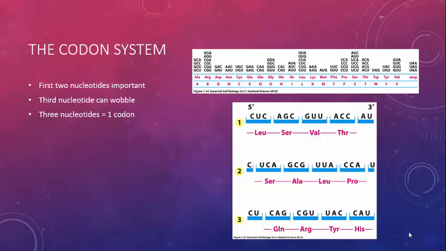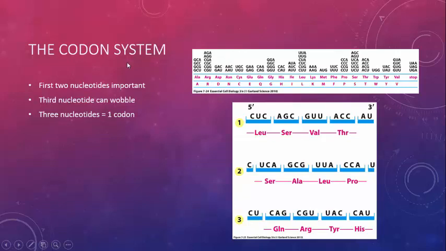I am sure that at some point in your scientific experience, you have had to take an RNA code and create an amino acid sequence from it using a specific chart that shows you how the two come together. In these kinds of charts, like the one you see here, the first two nucleotides are very important in determining the amino acid that should be added to the sequence, while the last nucleotide does not particularly matter.